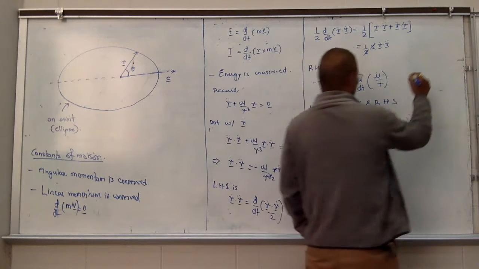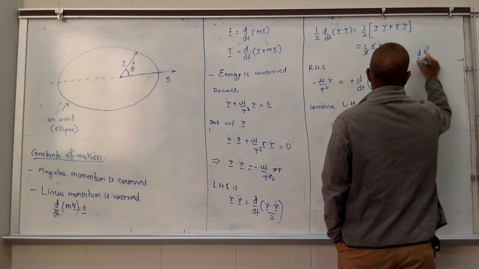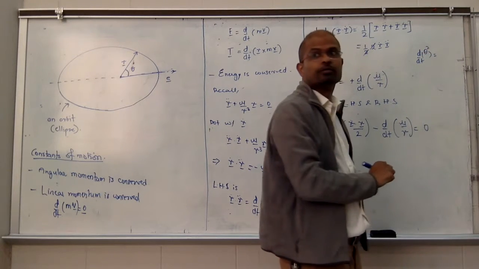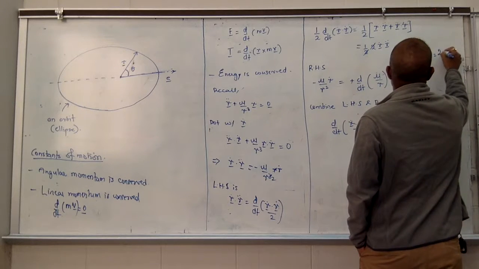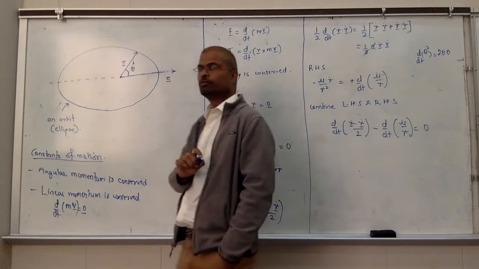So what I mean by that is, what is the derivative of theta square? 2 theta d theta over dt, right?